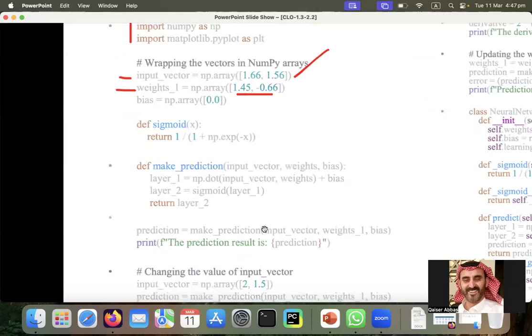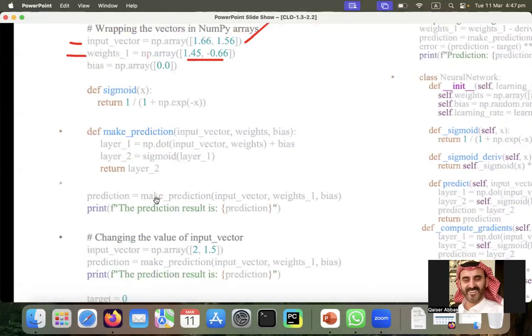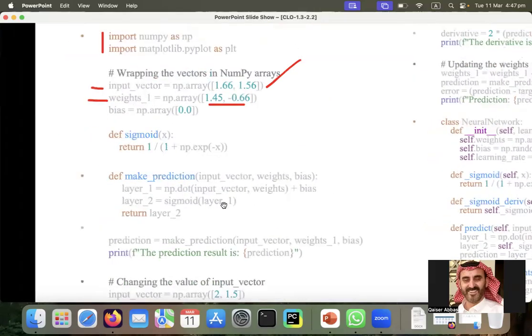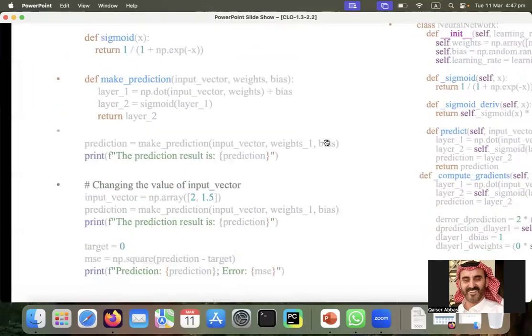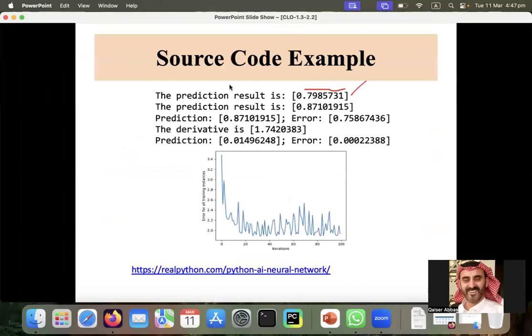Then in the next step, we call this function make prediction. We pass the input and weight into it, along with the bias. This function will be called, which calls the sigmoid further. It will calculate some value and store it in the variable prediction, which we print here. The prediction result is 0.79.